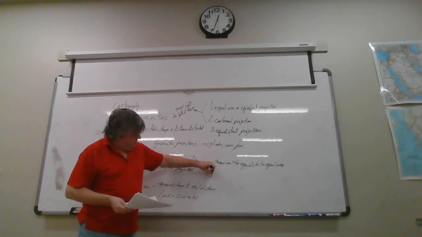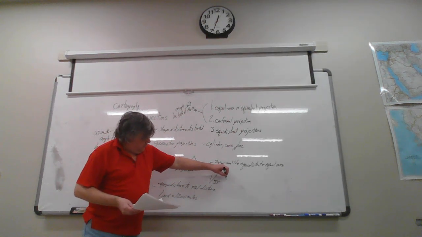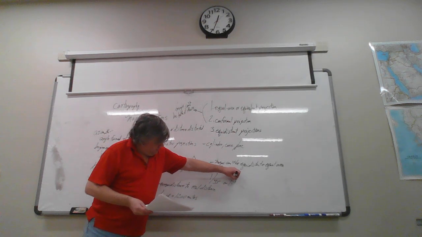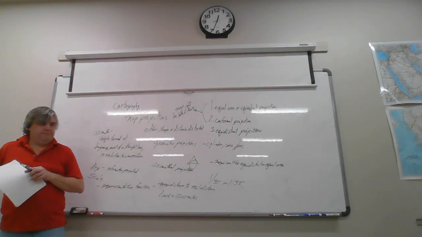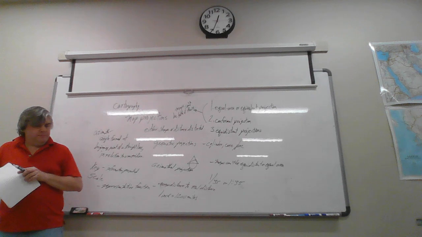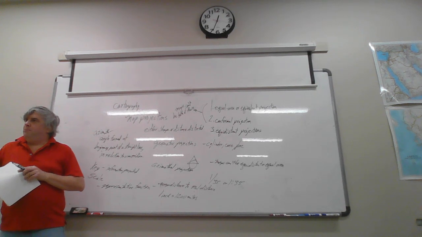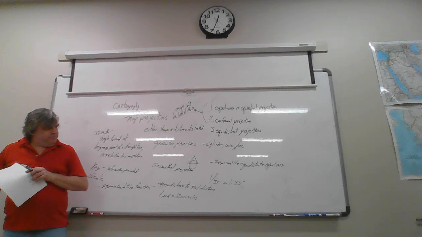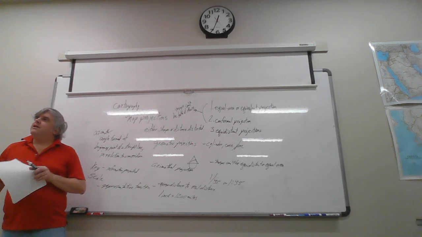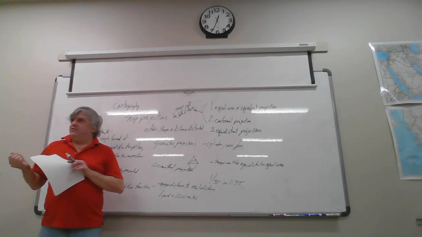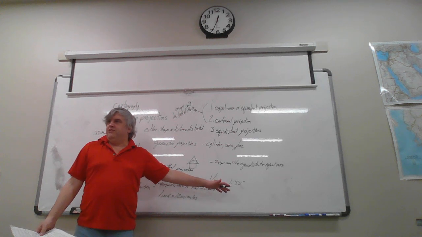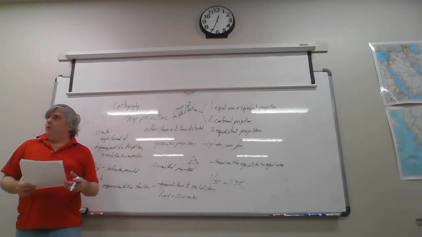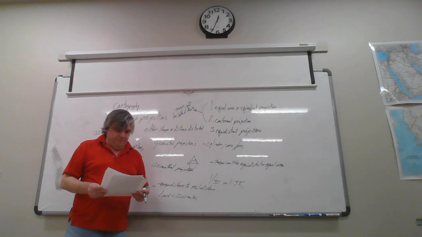Or you may see something like a 1 to 35 scale. If you've ever played with models or with Matchbox cars as a kid, you may have noticed something on the packaging saying what the scale was. It's the same principle from a three-dimensional model or a kid's toy to a map of the world. Same principle works.